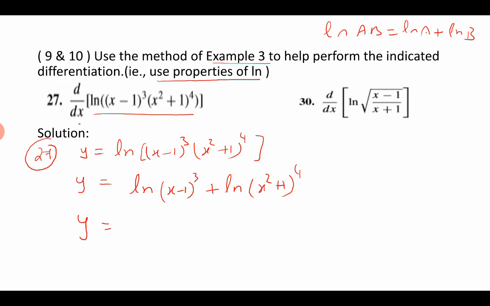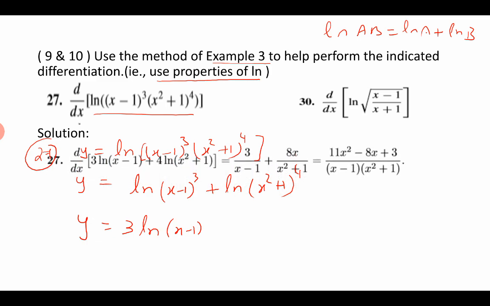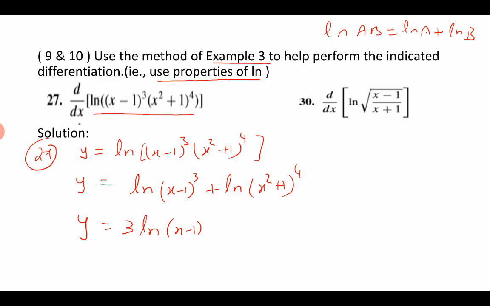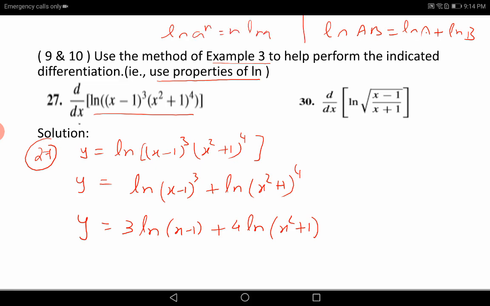So 3 ln (x minus 1) plus 4 ln (x square plus 1). There is another rule in logarithm, ln a power n can be written as n ln a. That's what we are using here.